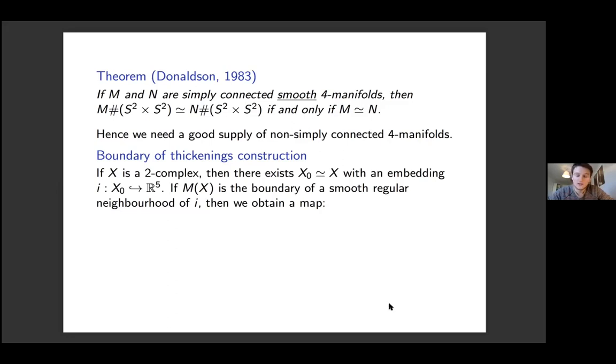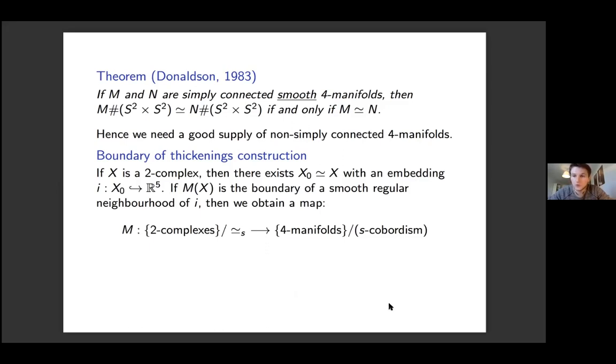If you then take the boundary of that regular neighborhood, that now gives you a four manifold. I don't want to get into the minor details of checking everything in the construction, but this gives you a funny way to construct four manifolds from a two complex. You take a two complex, embed it into R5, and then take the boundary of this thickened tubular neighborhood.